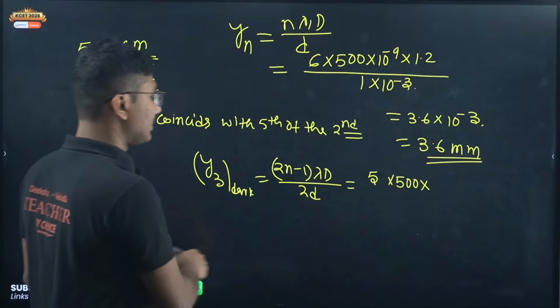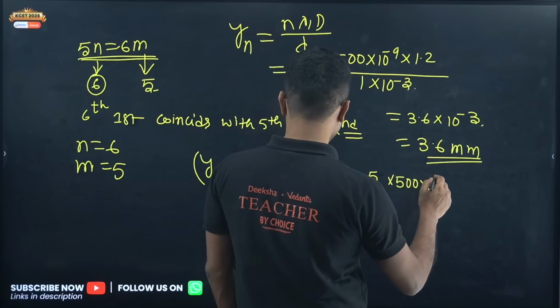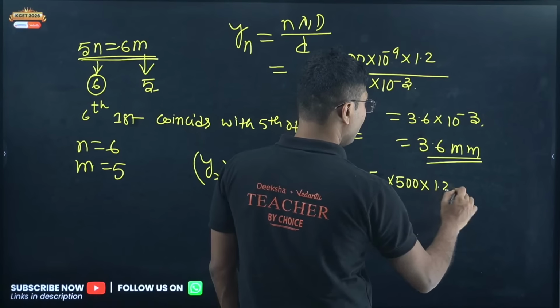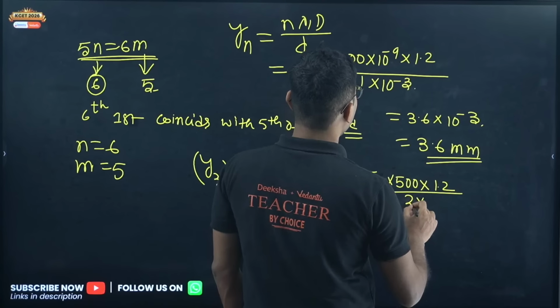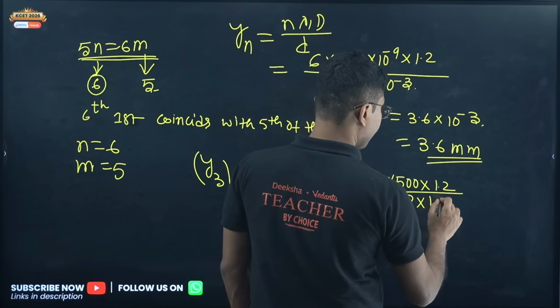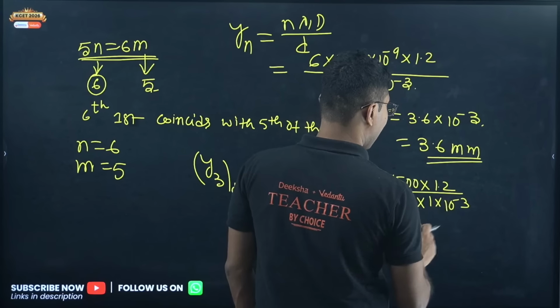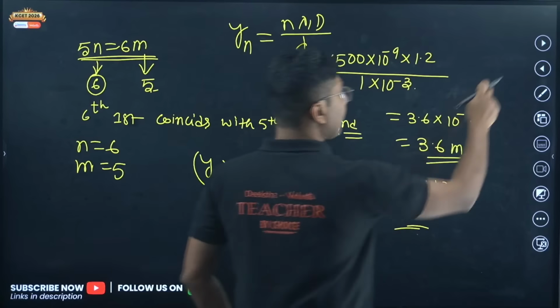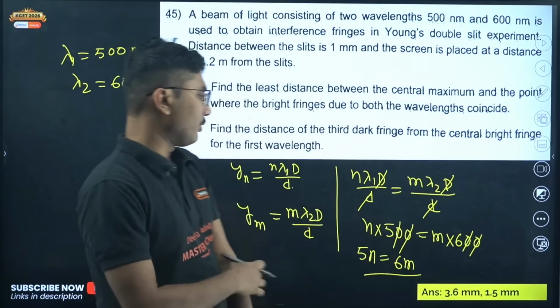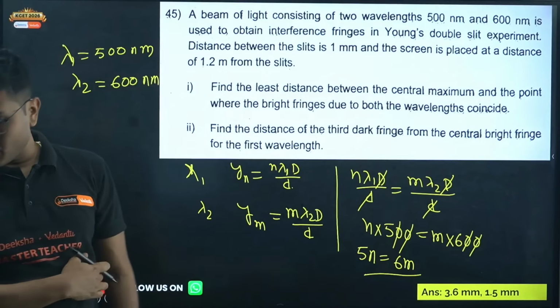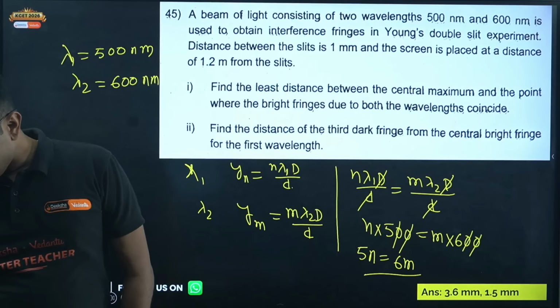For the first wavelength. Yes, 500, 5 into 500 into D, which is 1.2, divided by 2 into 1 into 10 to the power of minus 3. If you solve it, I think you will get the answer as 1.5 millimeter. So 3.6 millimeter and 1.5 millimeter.